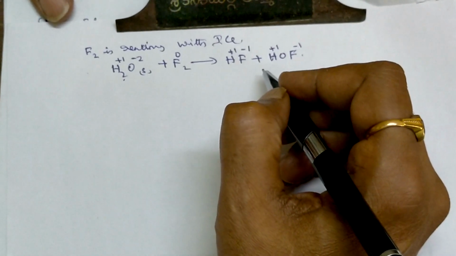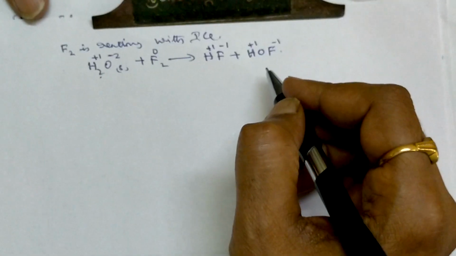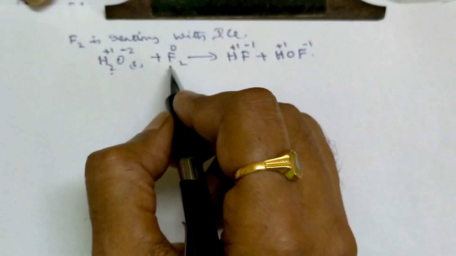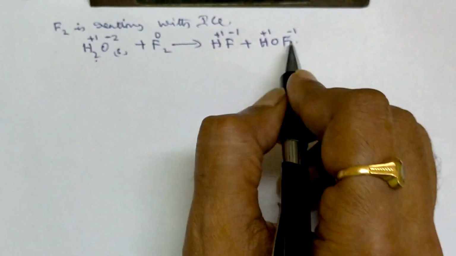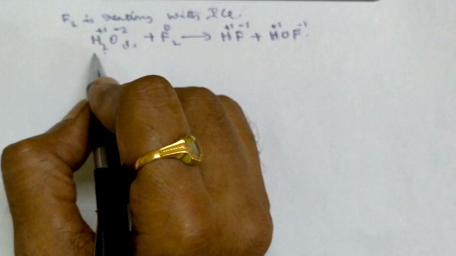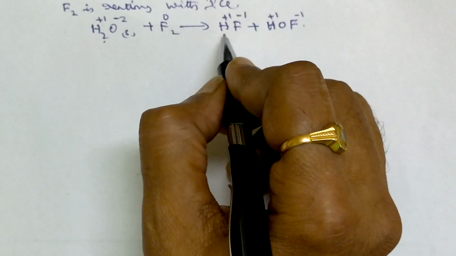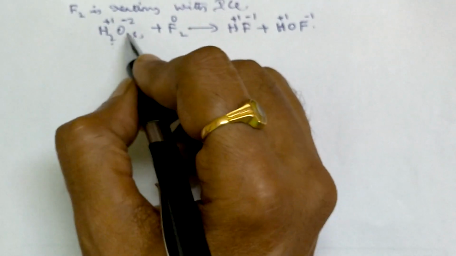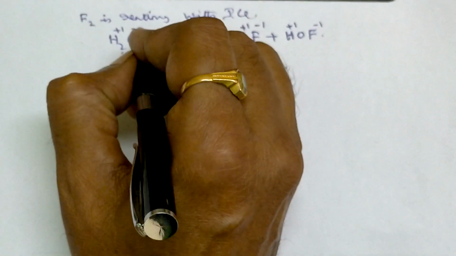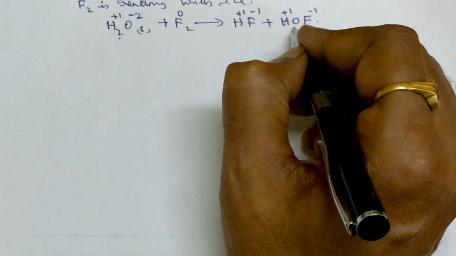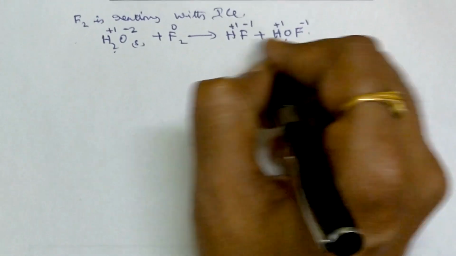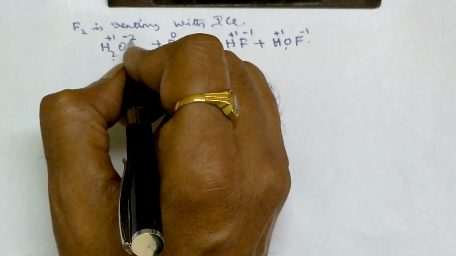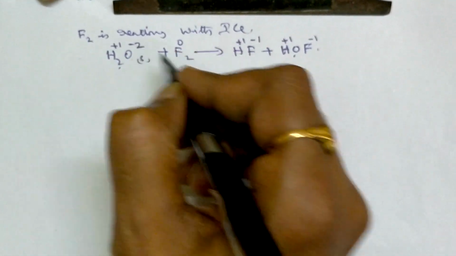Now the first question is whether it is a redox reaction or not. Yes, it is a redox reaction because fluorine has gone from 0 to -1 in both cases. Hydrogen remains +1, so what is the change? Oxygen changes. So assign the oxidation number of oxygen first, then you can justify. In H2O, the oxidation number of oxygen is -2.